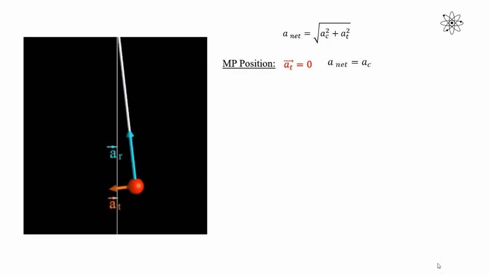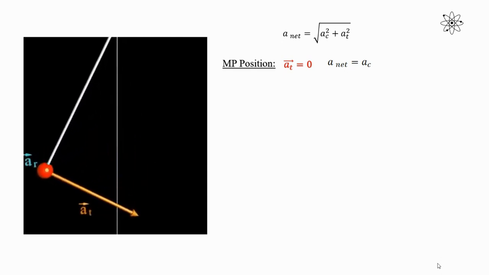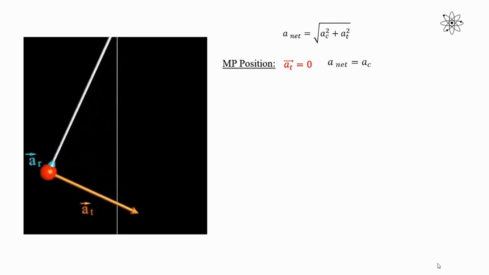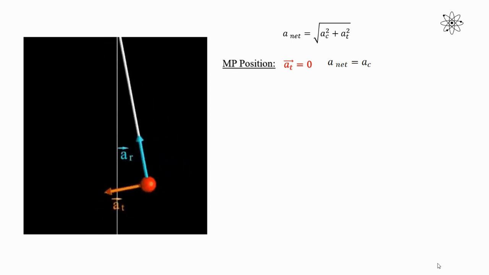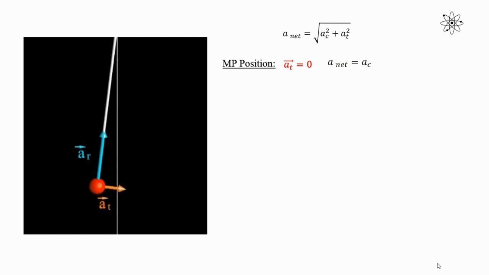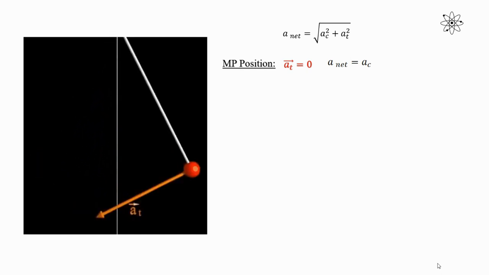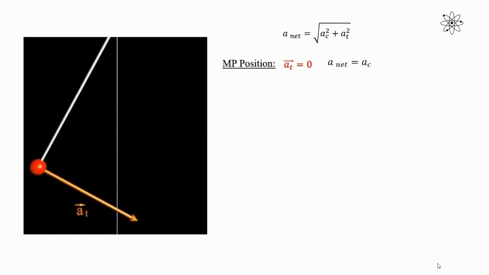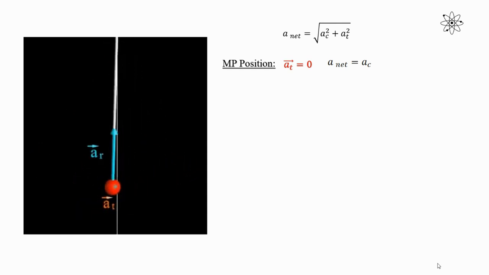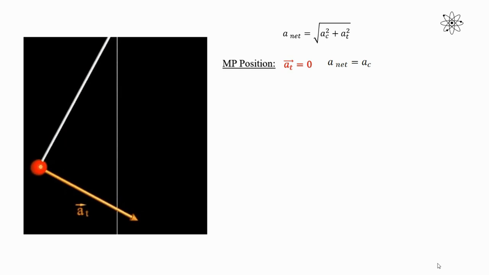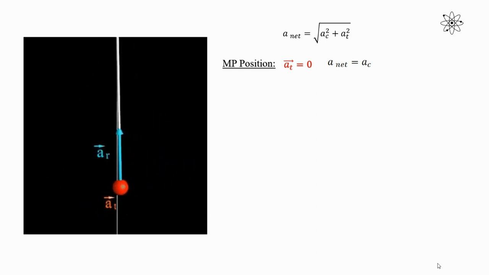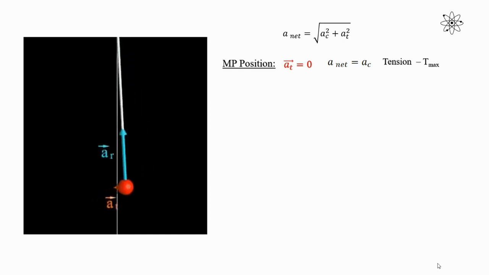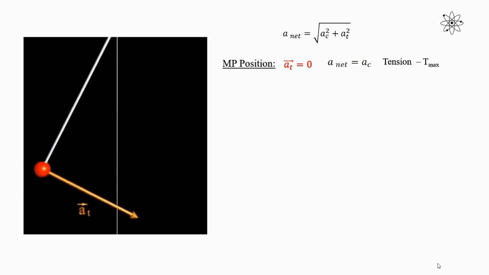So that A net, the net acceleration, is only centripetal acceleration. As you can see in the GIF, the blue vector, that is the radial acceleration vector, has a maximum length at the mean position. At the same time, the tangential acceleration is 0. So the tension T is a maximum at the mean position.